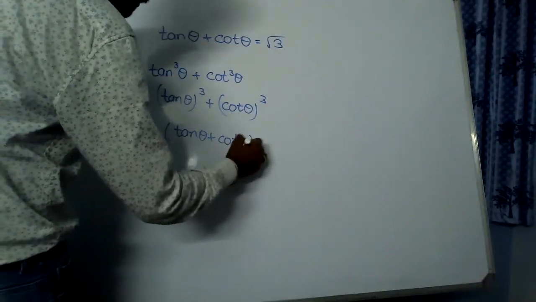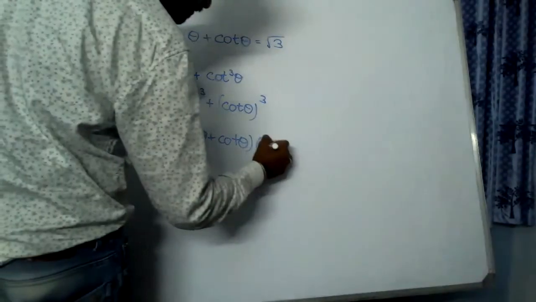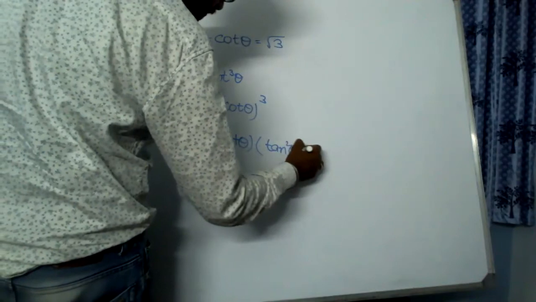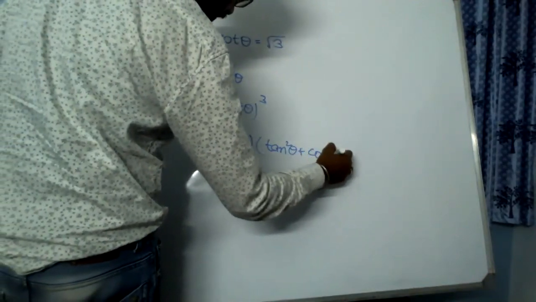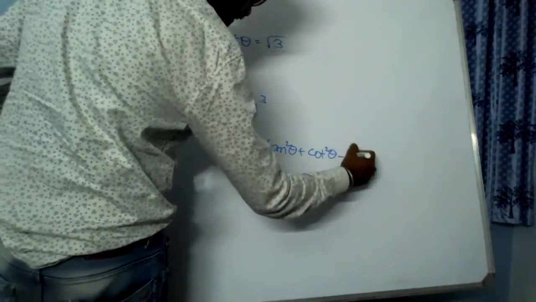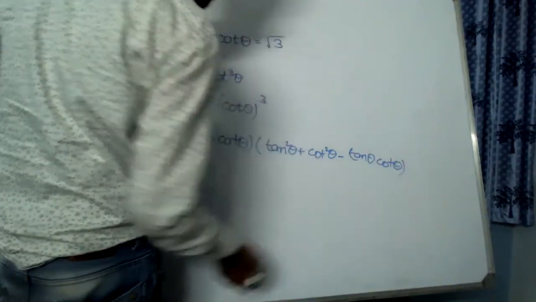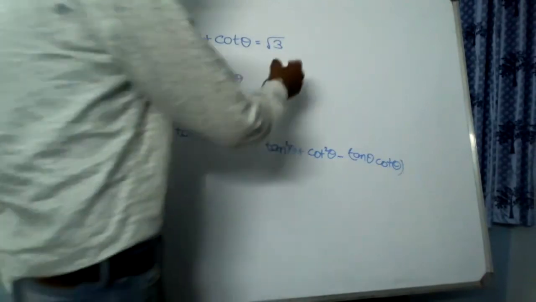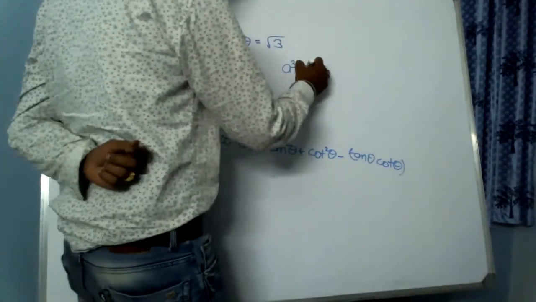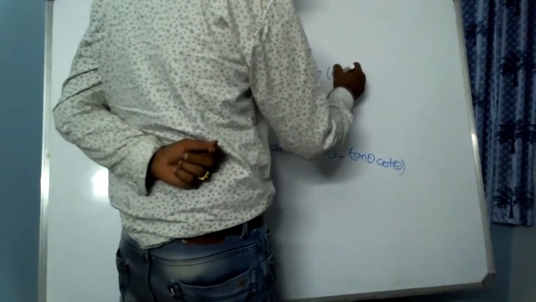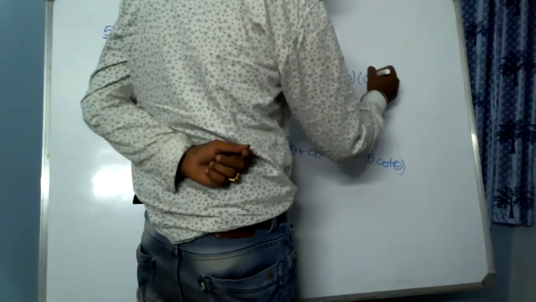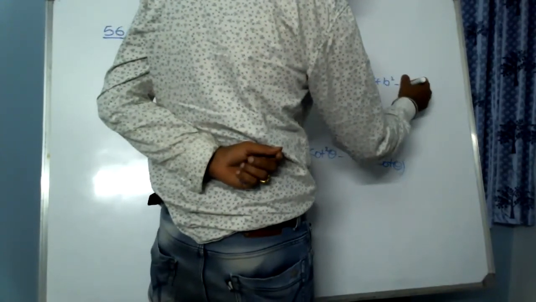See, these formulas you have to remember. Then A square plus B square, that is tan square theta plus cot square theta, minus AB, that is minus tan theta into cot theta. Okay, the formula I've used here is A cube plus B cube is equal to A plus B times A square plus B square minus AB.